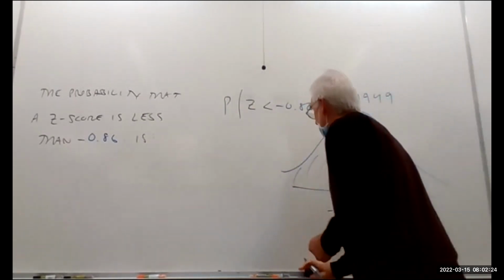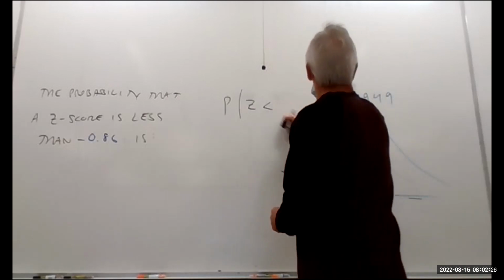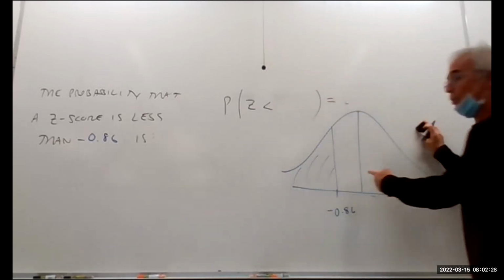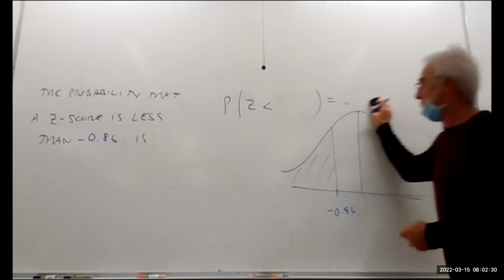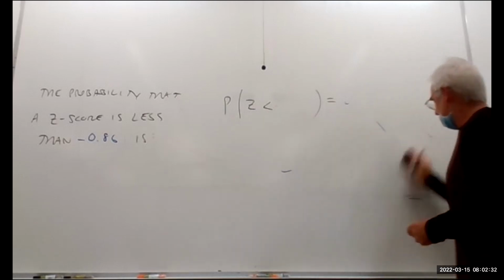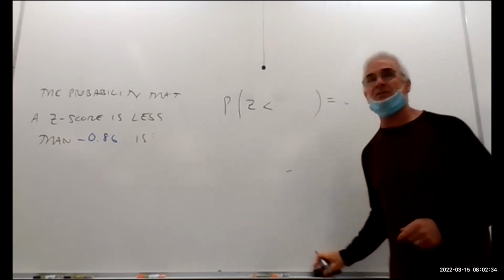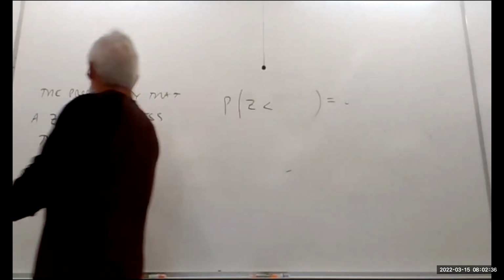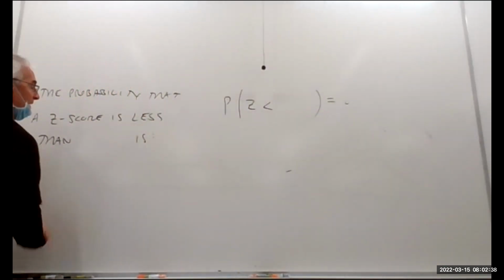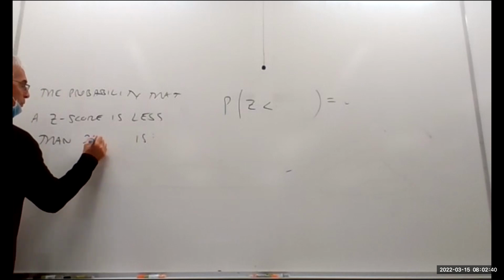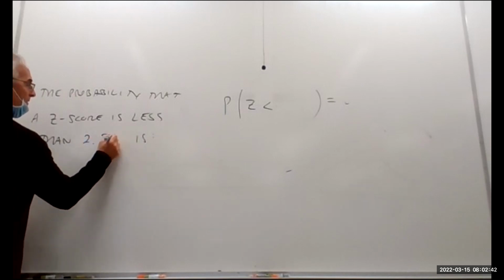What's the probability? Let me change that number. And by the way, I always draw the picture. Whenever I'm doing this, I always draw a picture so that the answer makes sense to me. Let's now do the probability we are less than, how about 2.59?